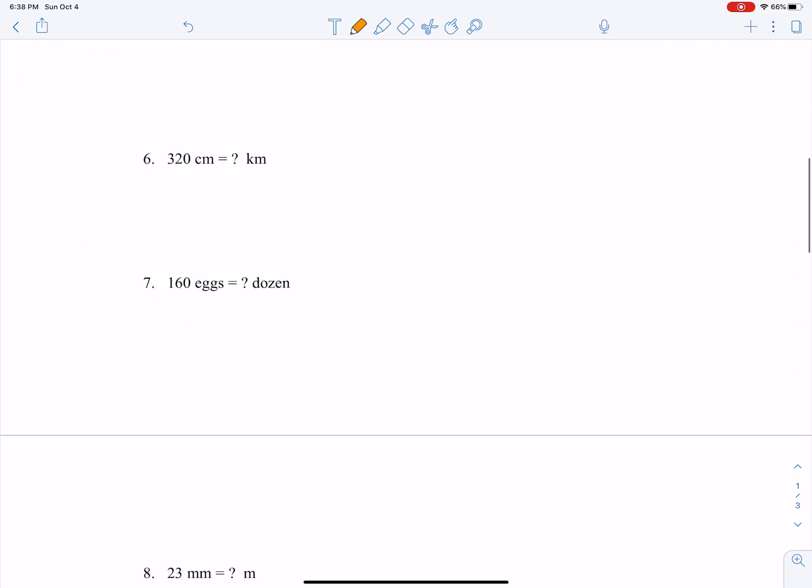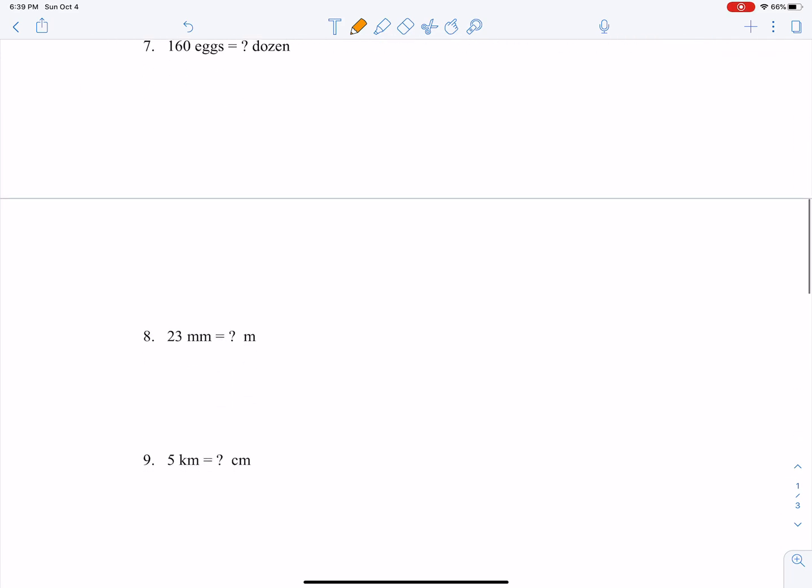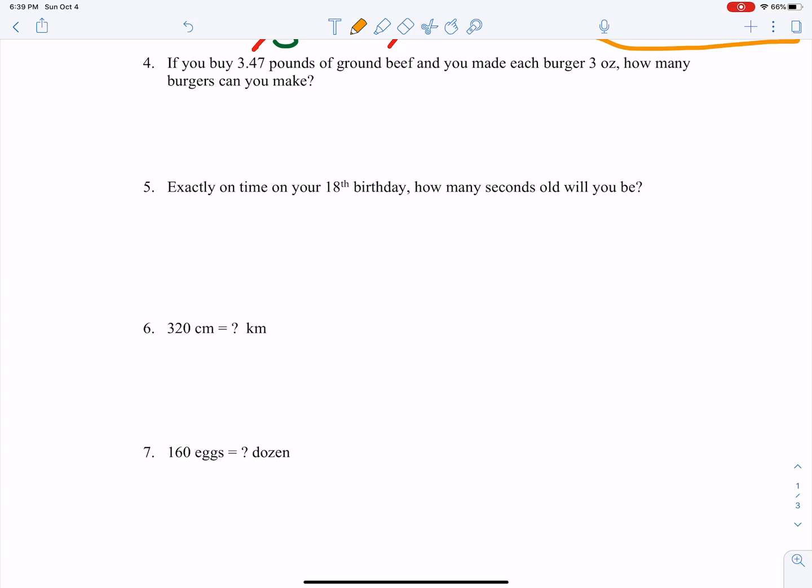So let's, I don't know, let's move around. Ooh, let's do some metric. So I have 320 centimeters and I want to go to kilometers. We did a little bit of this in class. So remember the saying, King Henry died by drinking chocolate milk. So kilo, hecto, deca, base, deci, centi, milli.